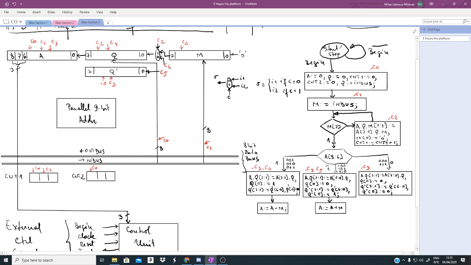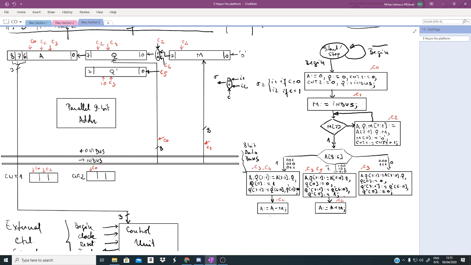So we know according to the algorithm. And so here I'll activate control signal C4 as well. We know that this means that we actually load in the destination register, namely register A, what comes from the output of the parallel adder.